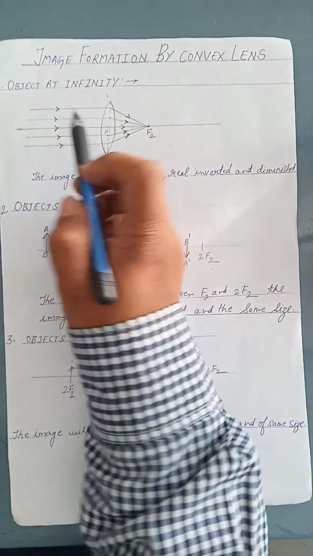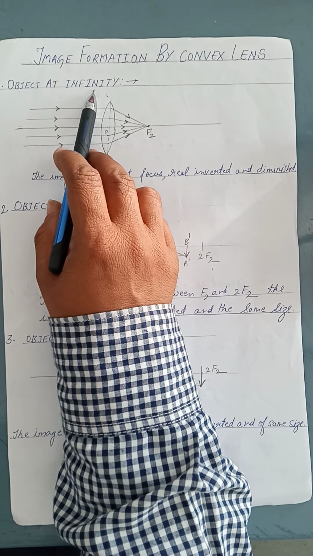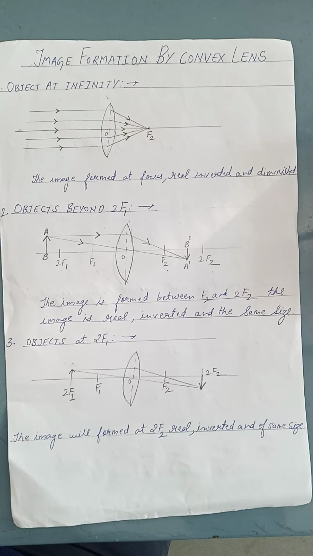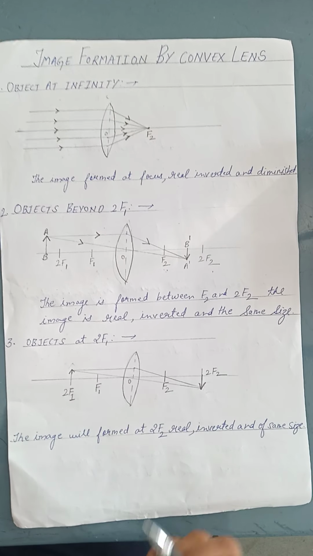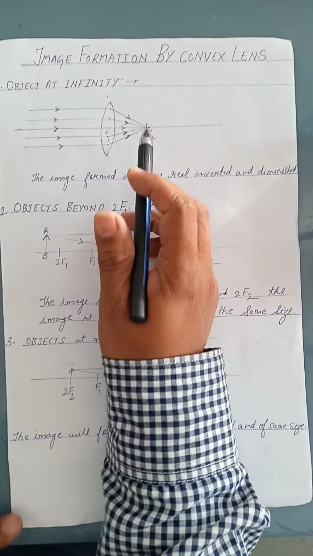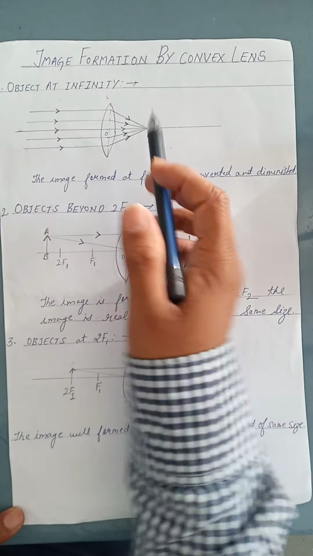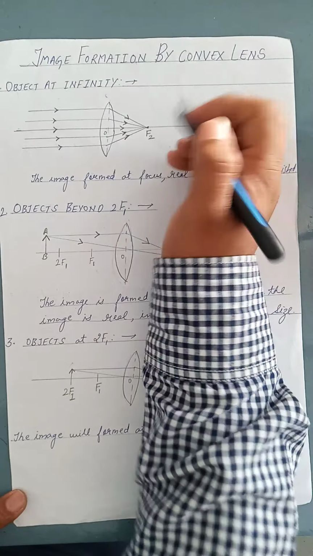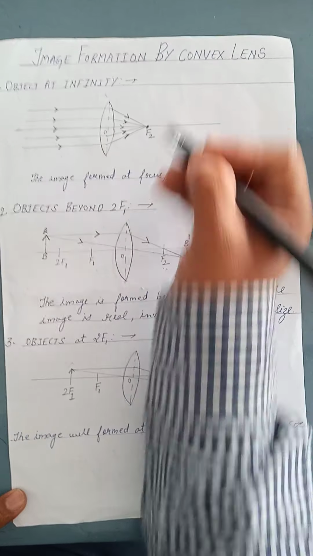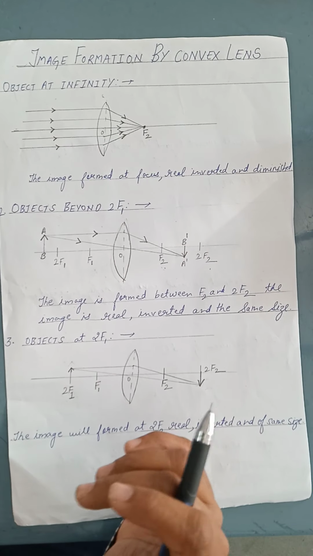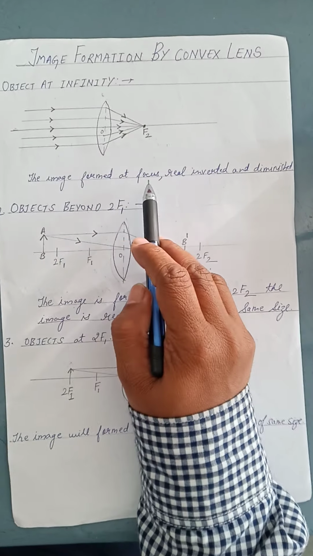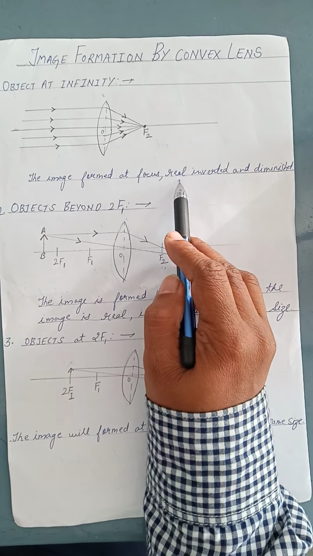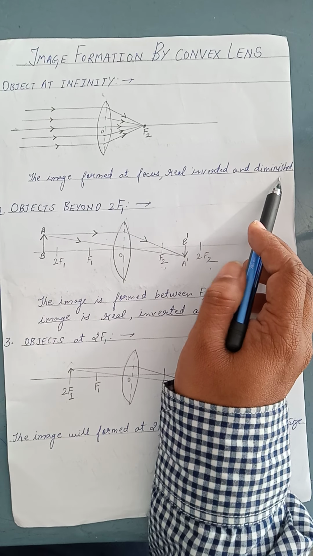So the position of the object is at infinity, and the image will be forming at the focus. When the object is kept at infinity, the image is forming at the focus, and you can see that a very point size image we are getting. So we can say that the image is formed at the focus, it is real, inverted, and diminished.